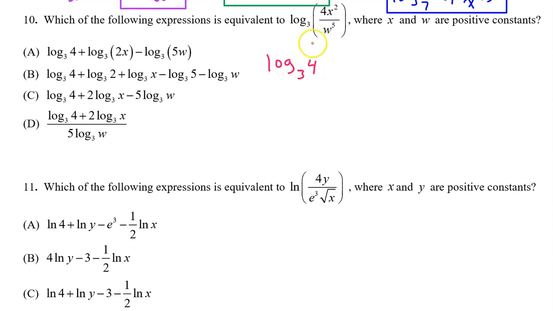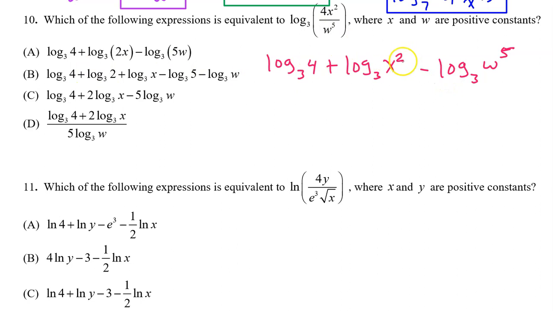This will be positive because it comes from the numerator. And then we will have plus log base 3 of x squared, positive because it comes from the numerator, and then minus log base 3 of w to the 5th power. This one is negative because this factor came from the denominator.